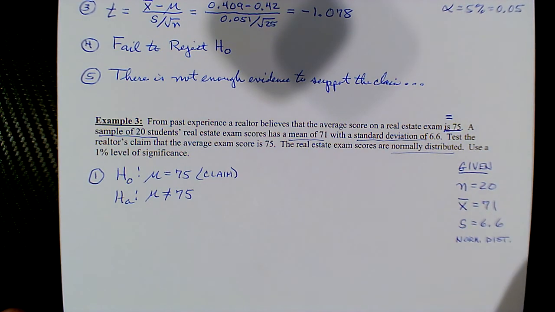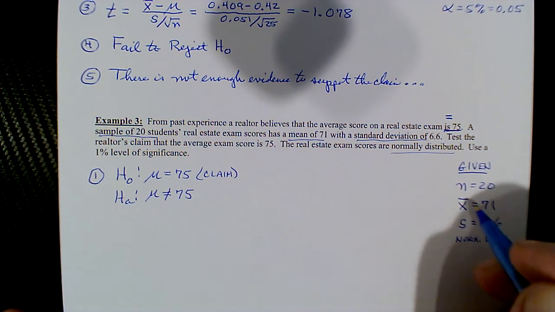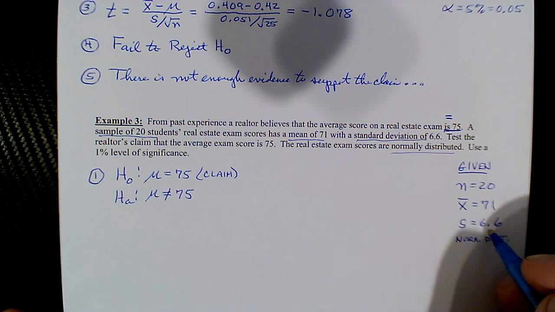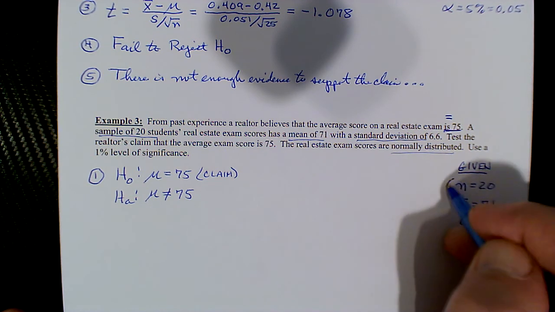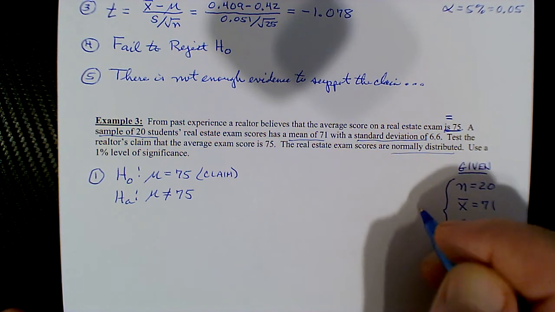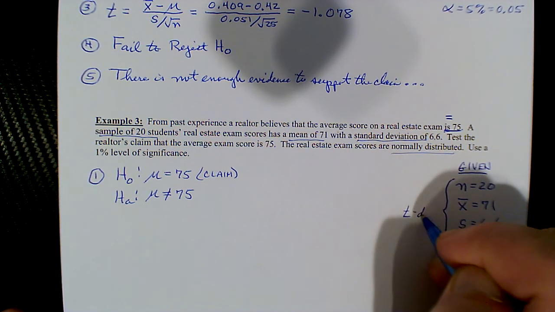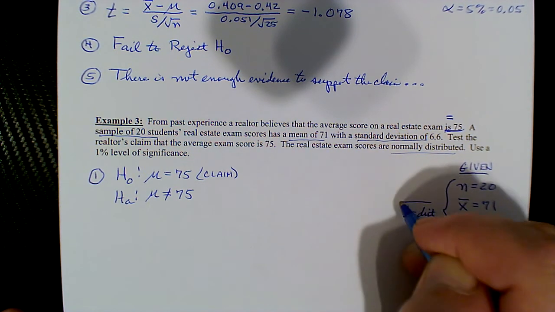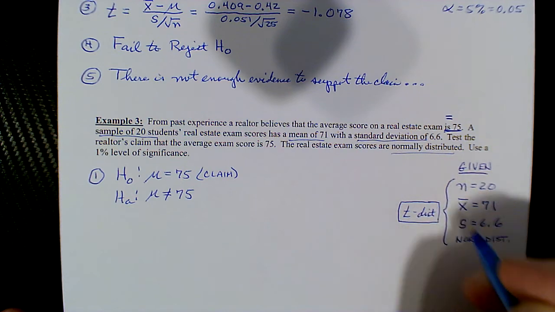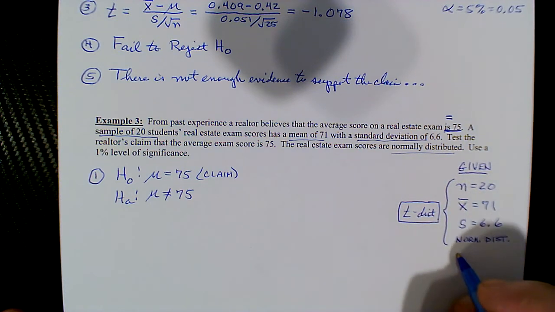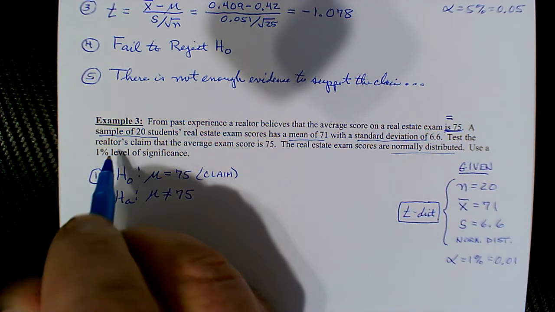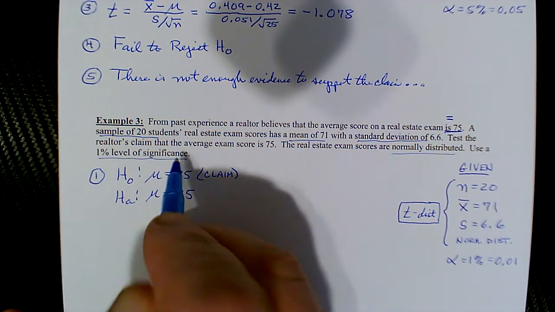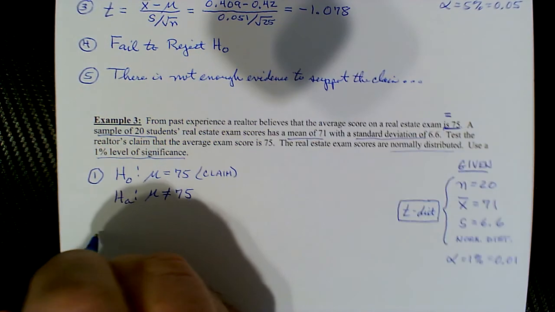And if we look at our table, our flow chart, we don't know sigma. n is not greater than 30, but it is normally distributed. So therefore, t distribution. Okay, and the level of significance this time is 1%, or 0.01. So we already did the first step, stated the hypotheses and identified the claim.